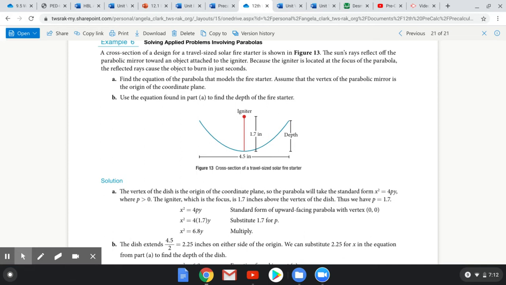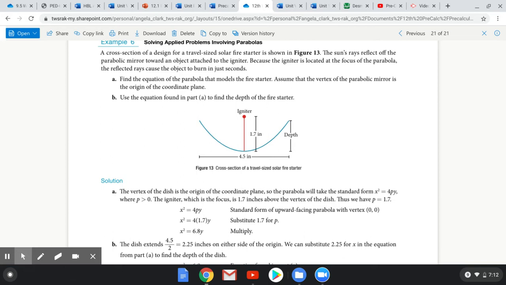If you can assume that the vertex or the center, depending on the shape you're dealing with, is at the origin, that's just going to simplify your calculation. So we always try to do that.